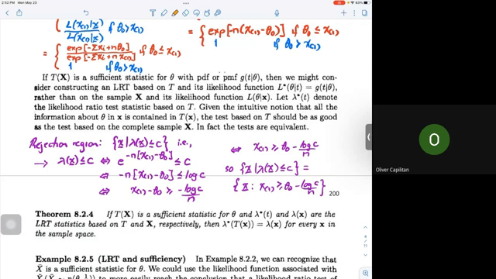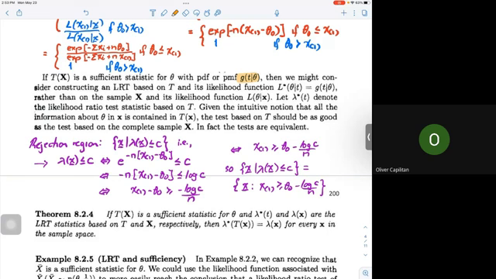Say if T of X is a sufficient statistic for theta with PDF or PMF g of t given our parameter theta. Ito yung kanyang PDF or PMF, with respect to our sufficient statistic. Pag alam natin yung kanyang distribution, we know the distribution of our sufficient statistic. Pero pag hindi natin alam, hindi na lang natin gamitin itong remark na to.